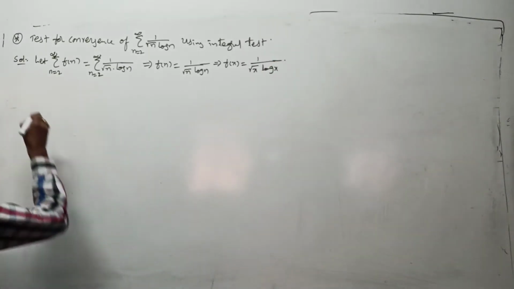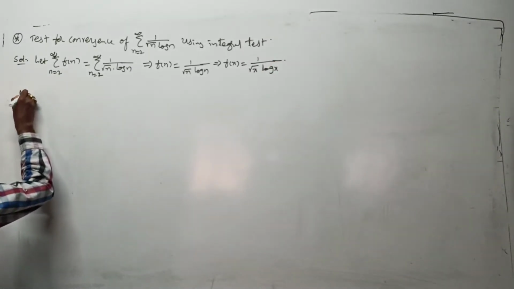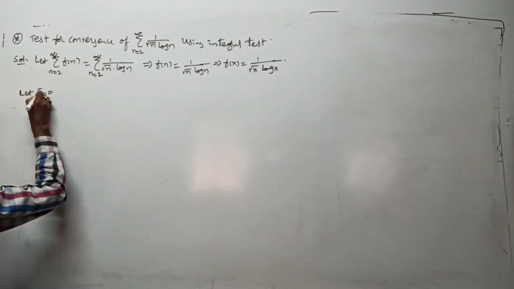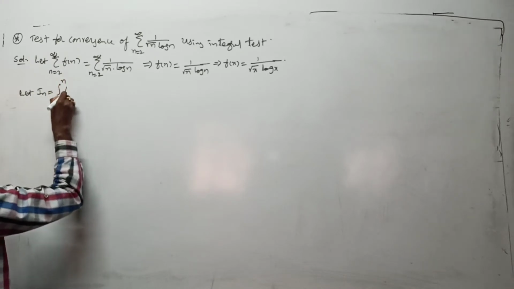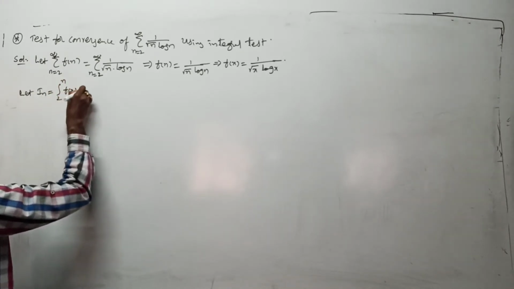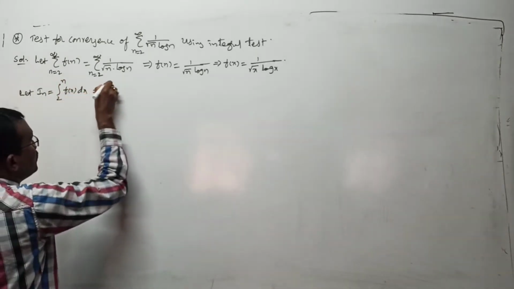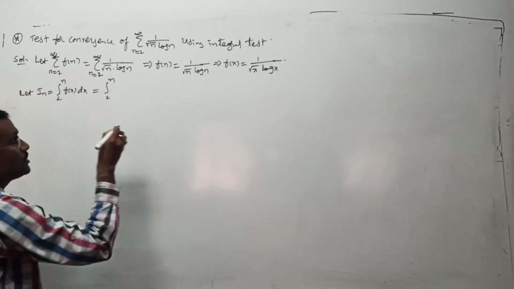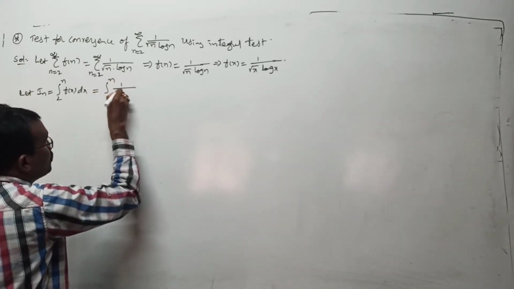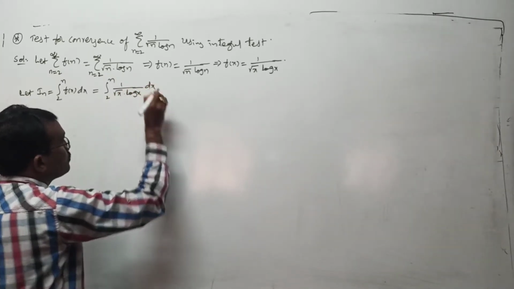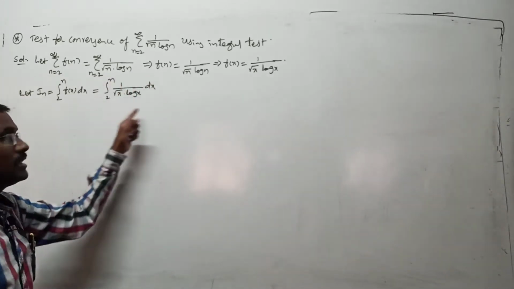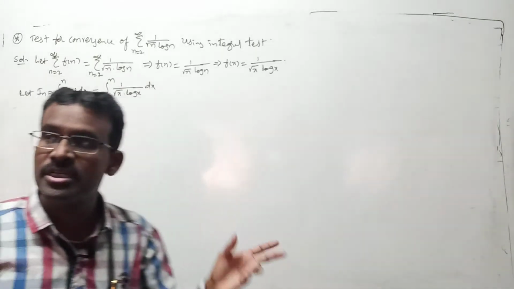Now take I n equal to the integral from 2 to n of f of x dx. This is the integral from 2 to n of 1 by root x into log x dx. Now let us calculate this integration. That calculation is a little bit difficult.